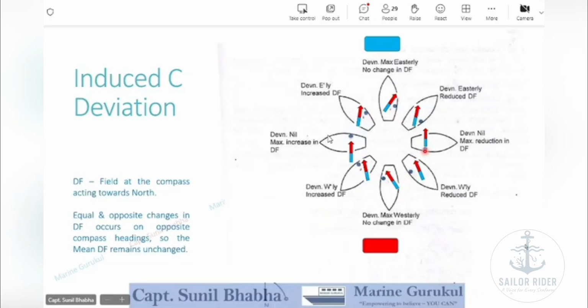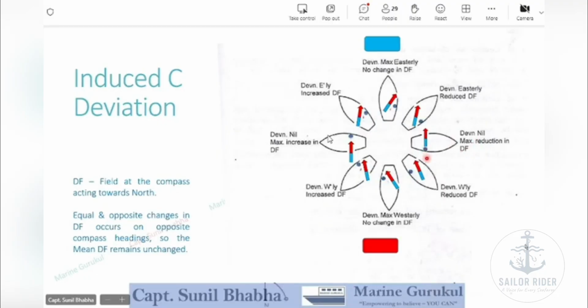Maximum deviation is generated when the disturbing pole or the disturbing force is at right angle to the compass needle, and no deviation is generated when the pole is aligned with the compass needle. So with the ship heading in the easterly direction, we have zero deviation. In this location, the pole has an effect on the directive force.